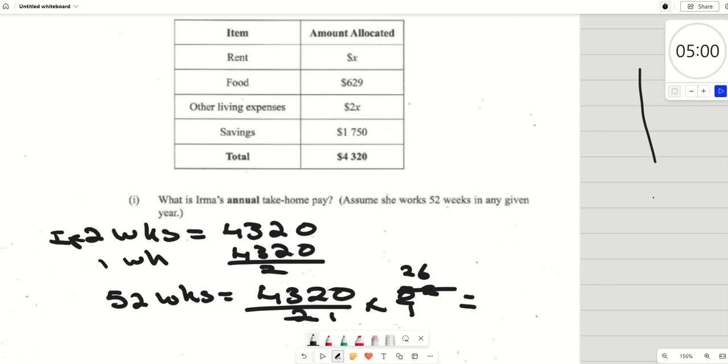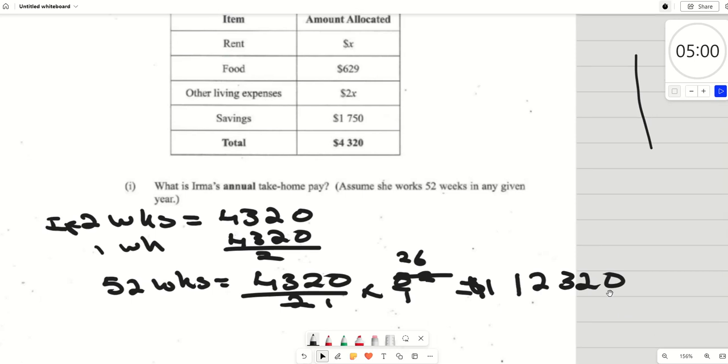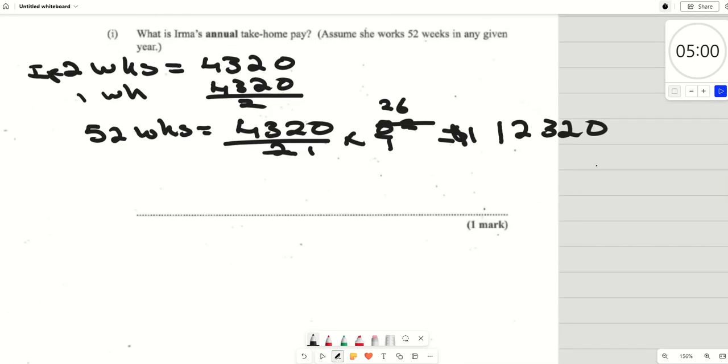For the entire year, this person is taking home $112,320, and this would be your answer for what is Irma's annual take-home pay, right? $112,320. That is how you would do this first one.